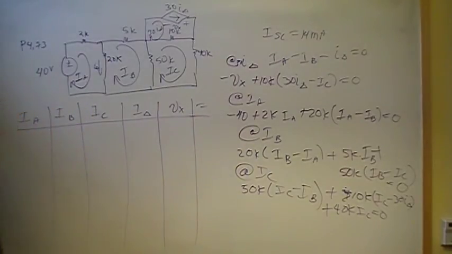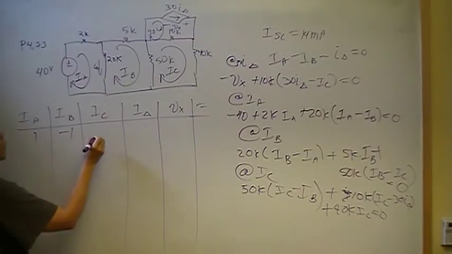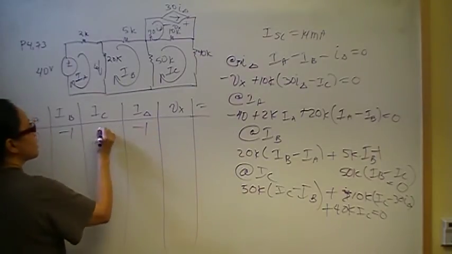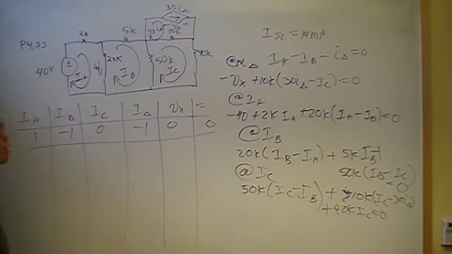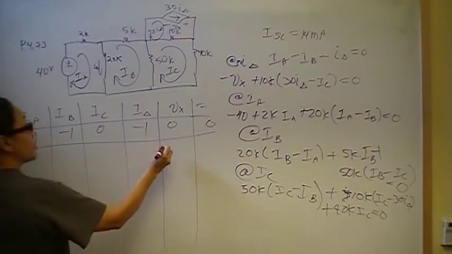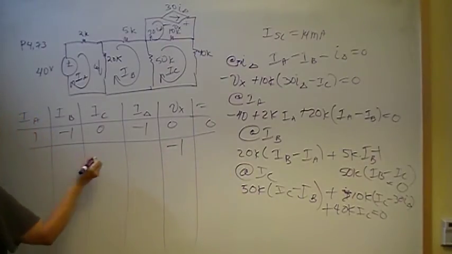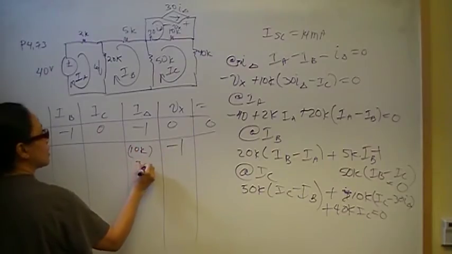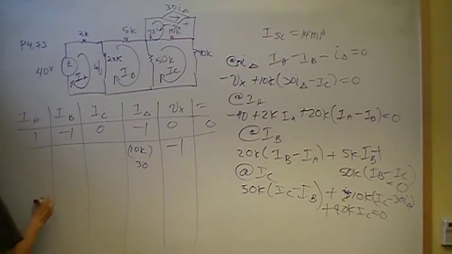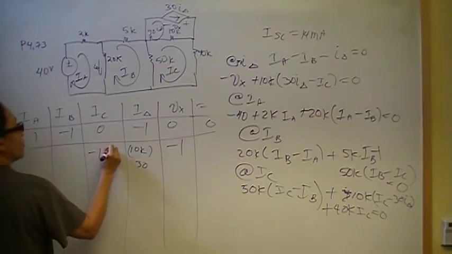So let's go ahead and inventory our coefficients. We got 1 for IA, -1 for IB, -1 for I delta, and zeros everywhere else for the constraint equation. So at 30 I delta, we have -1 for Vx, 10K times 30 for I delta, and -10K for IC.